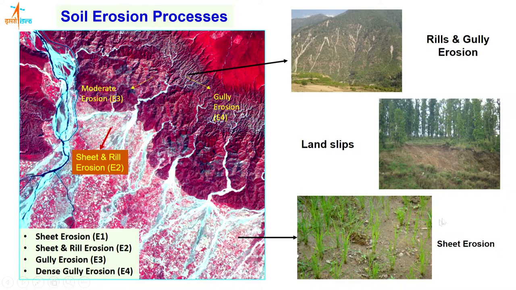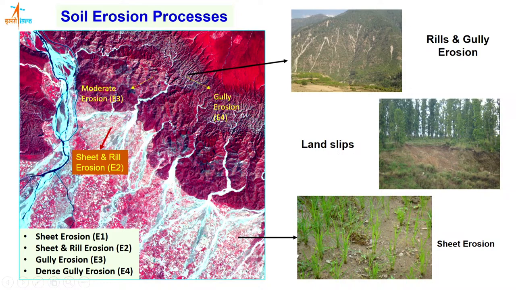If you see in the field, sheet erosion occurs like that one, where surface soil is washed out. So here the surface soil has been washed out, sand particles are left, and even organic matter has been washed out, so you are getting high reflectance.